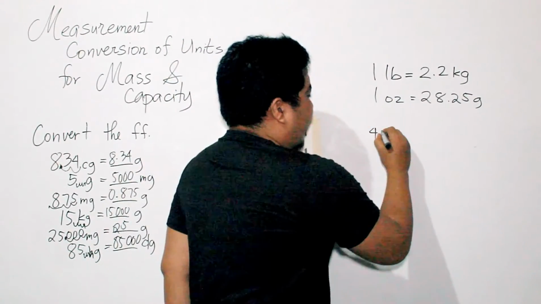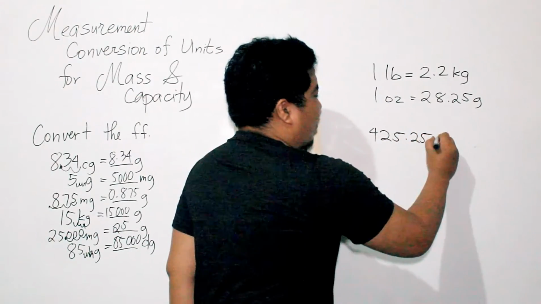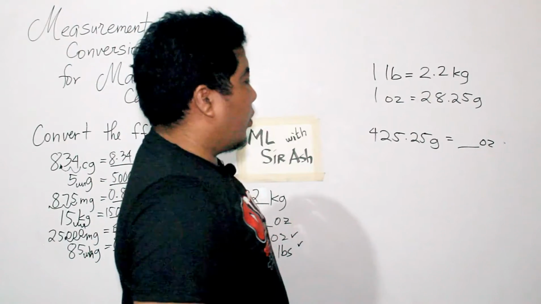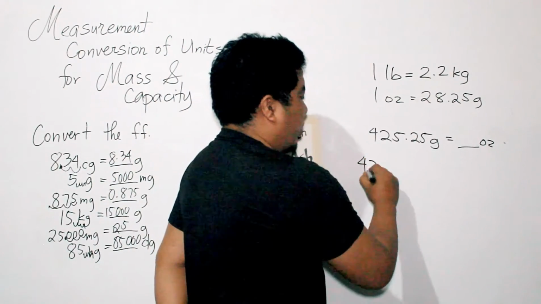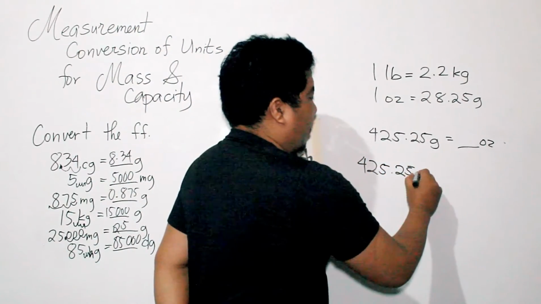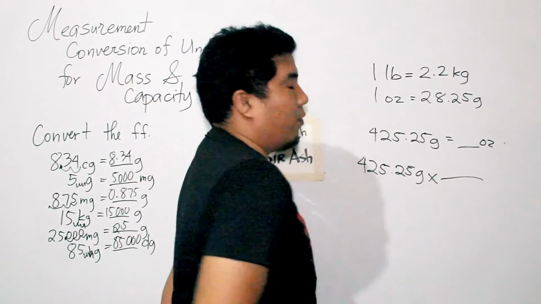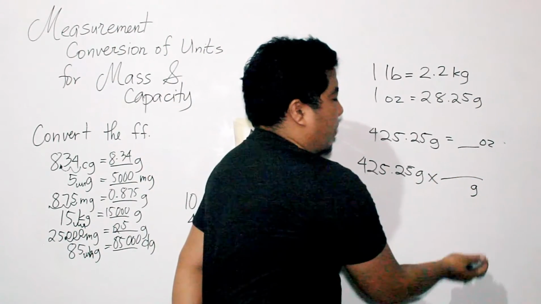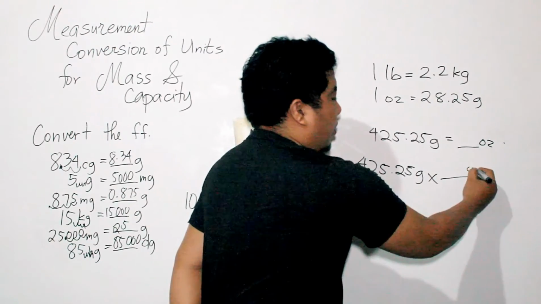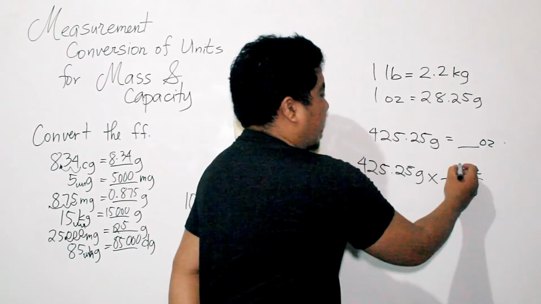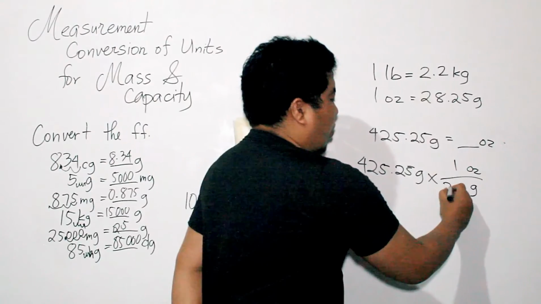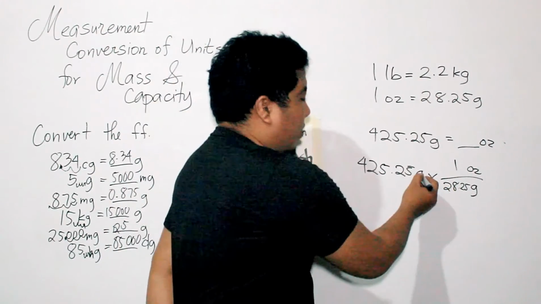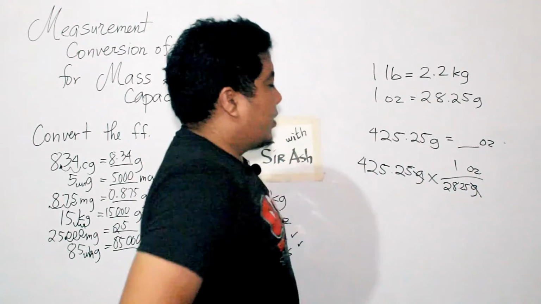Now, let us go to the last example, 425.25 grams. So, for 425.25 grams to ounce, what you will do is, you just multiply it with your conversion ratio. So, since this is grams, you will put grams here below. And then, you will put the ounce here. So, it has been said that 1 ounce is equal to 28.25 grams. So, therefore, the grams will be discarded.